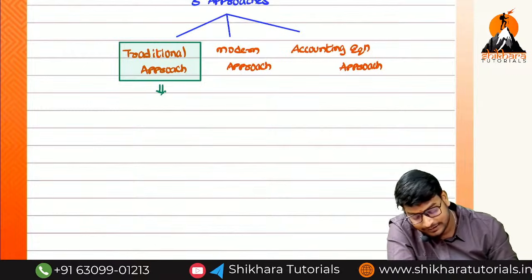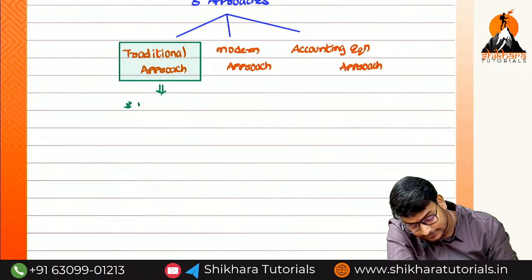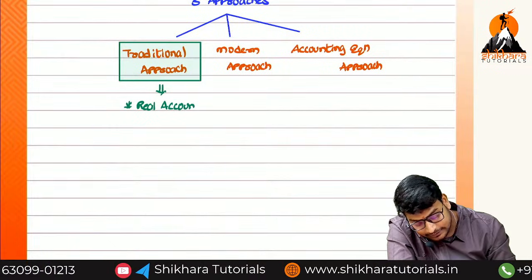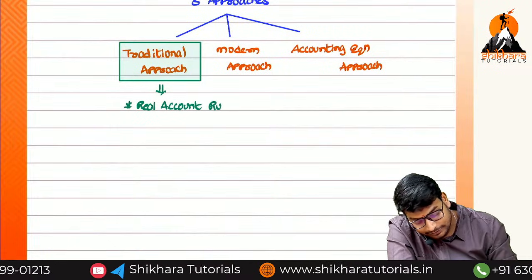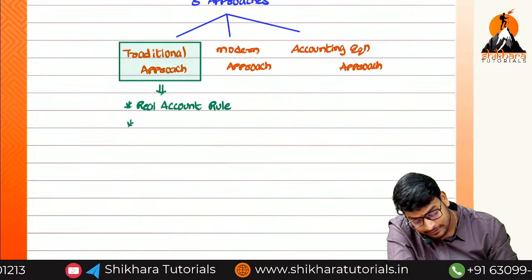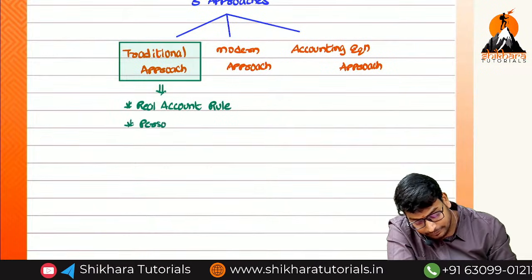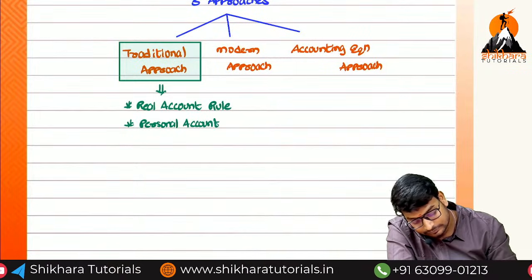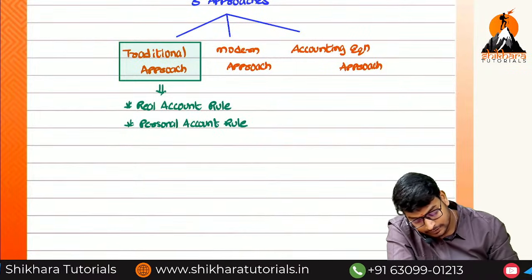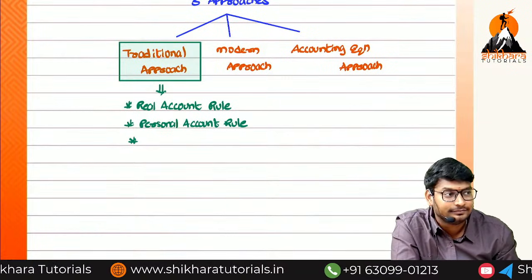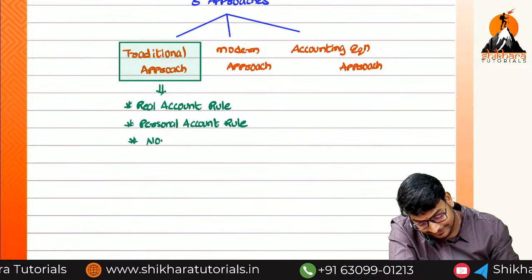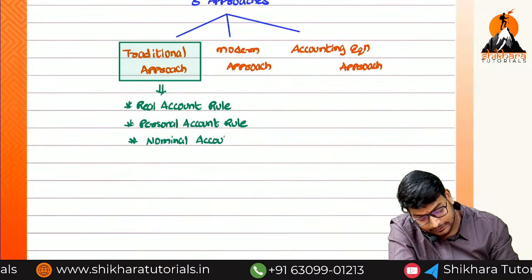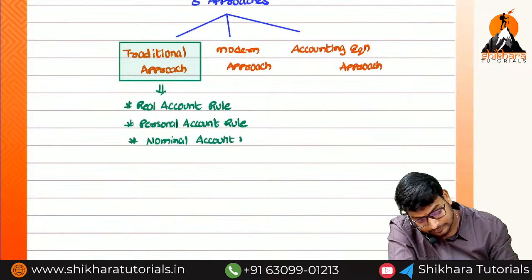The golden rules are the real account rule, the personal account rule, and the third one, the nominal account rule.